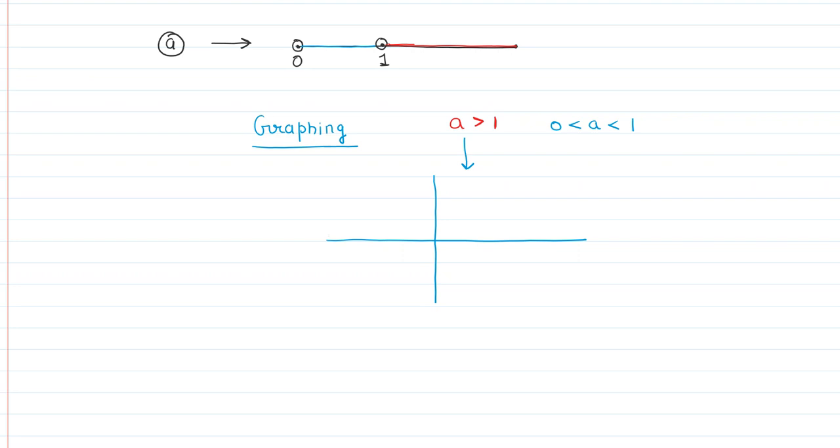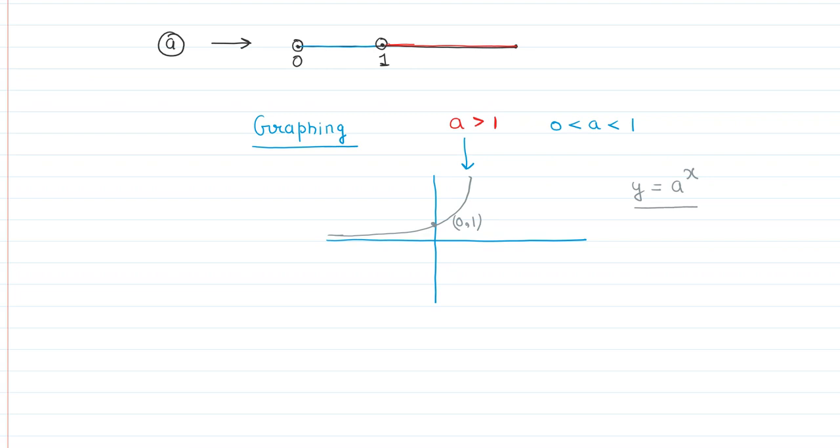Then the graph will be something like this. And this is y is equal to a to the power x. So we know that when x is equal to 0, then y becomes 1. So this is basically the point 0, 1.